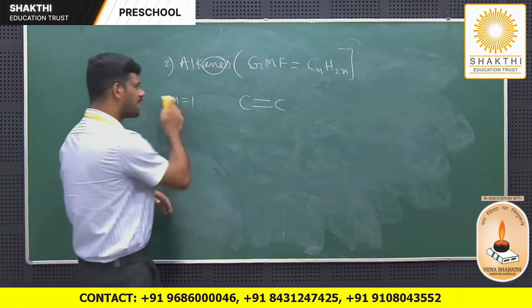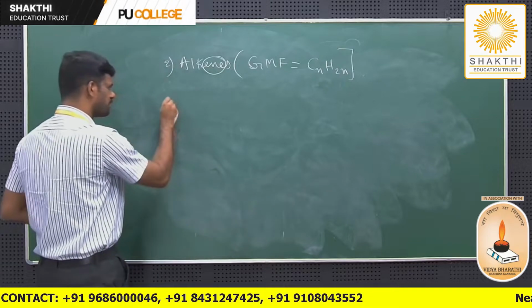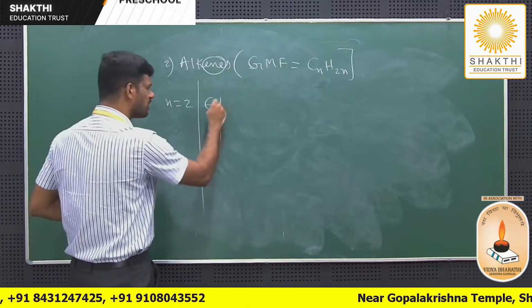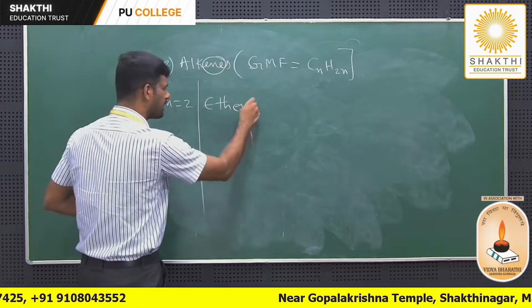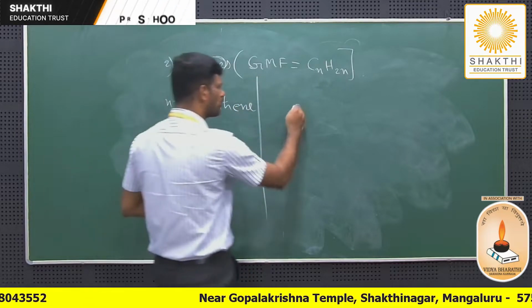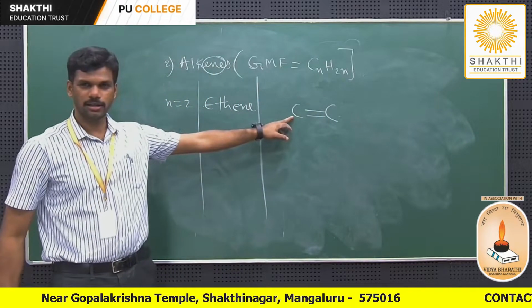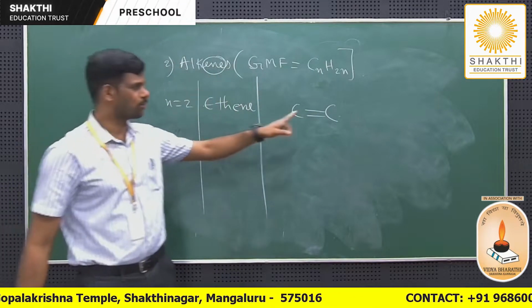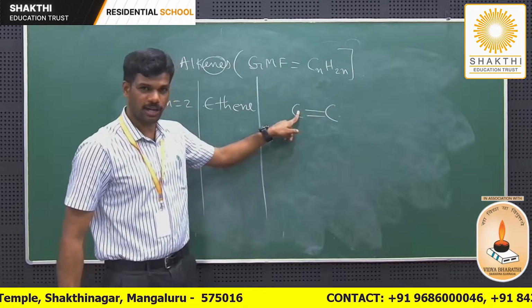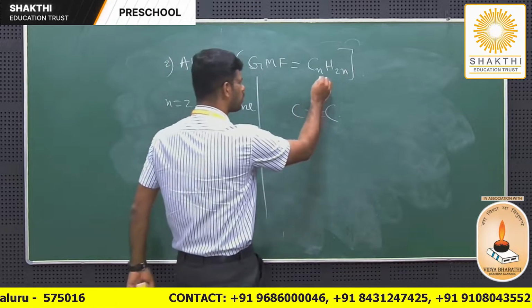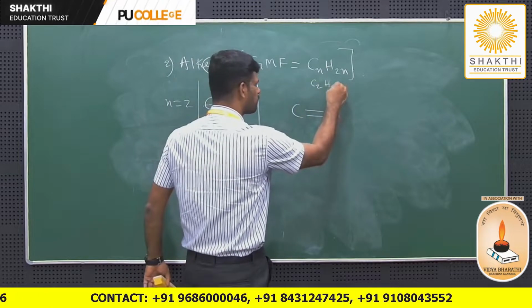So I can't go with n is equal to 1, I say n is equal to 2, where the name becomes eth and ene should be added, I say ethene, and with 2 carbon atoms, a double bond is a must. Valency of carbon is 4. Already 2 bonds are there for the first carbon, and other 2 are there already for the second carbon. If you put n is equal to 2 here, C2H4 is the formula.